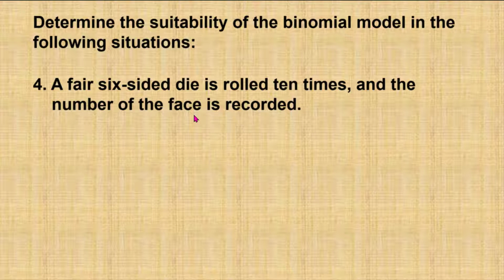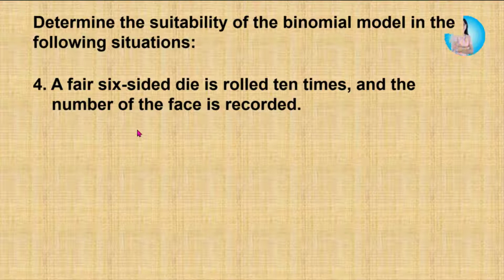The probability of obtaining each number is the same, but there are 6 possible outcomes, which is 1, 2, 3, or 4, or 5, or 6. Therefore, it is not suitable to be modeled as binomial.